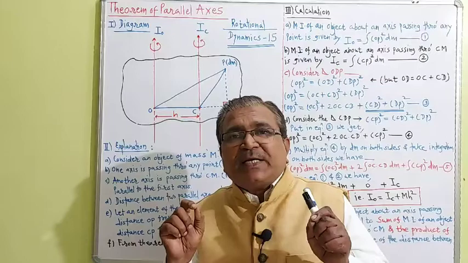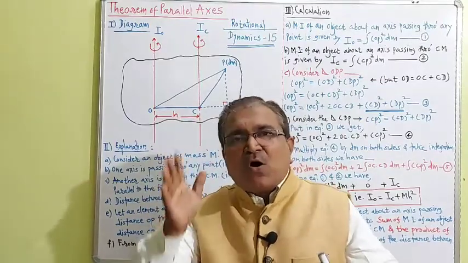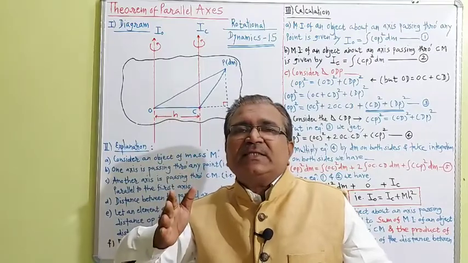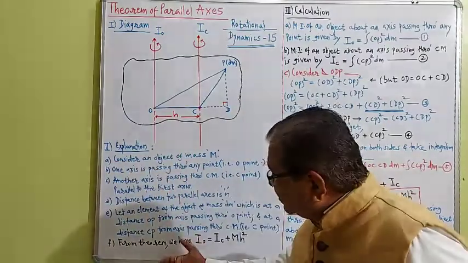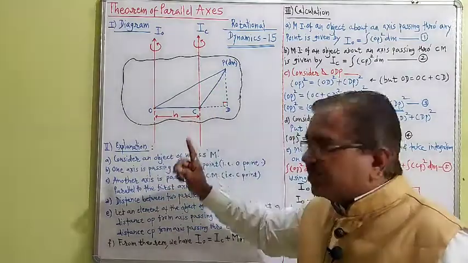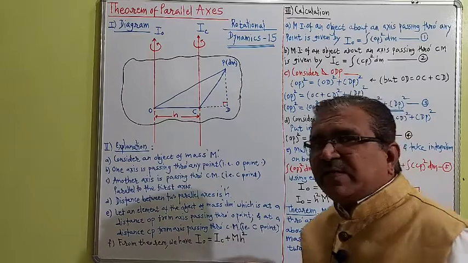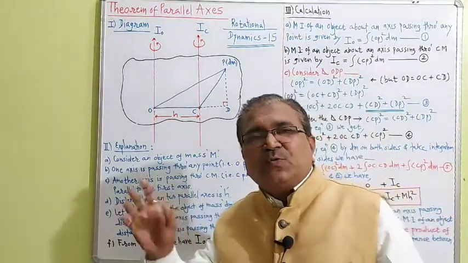Whatever I have explained in very simple English words, all those sentences I have written here, and we have to get an equation, that is IO is equal to IC plus MH square, that we want to prove.